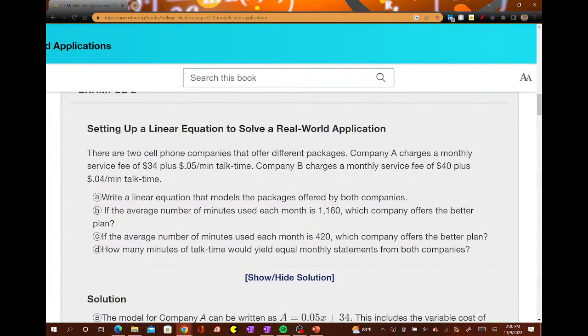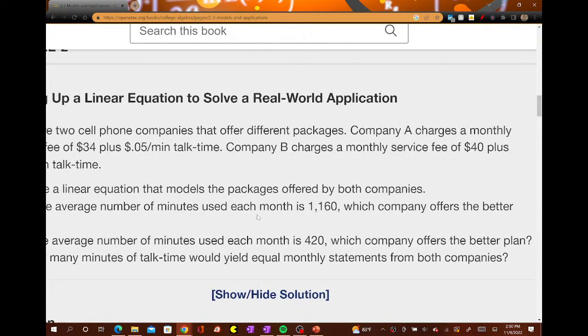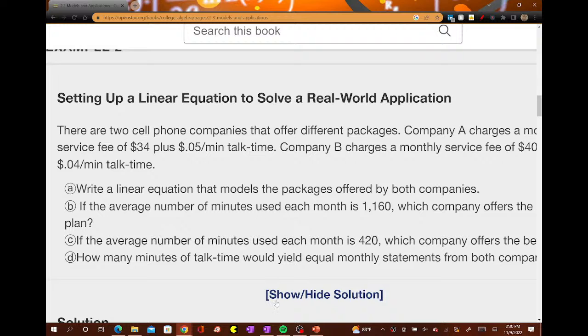And then it says, if the average number of minutes used each month is 1,160, which company offers the better plan?